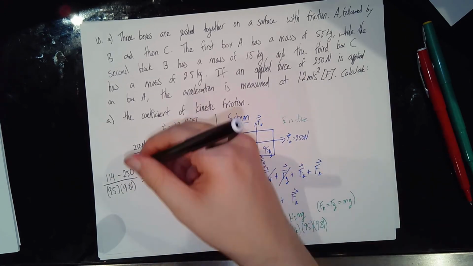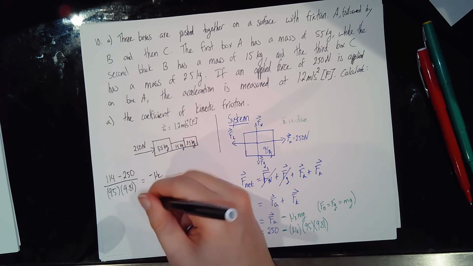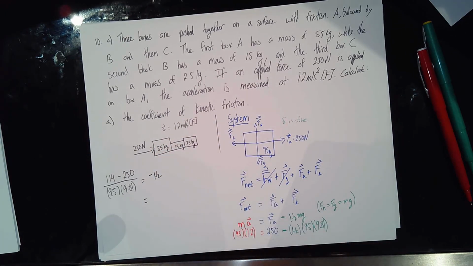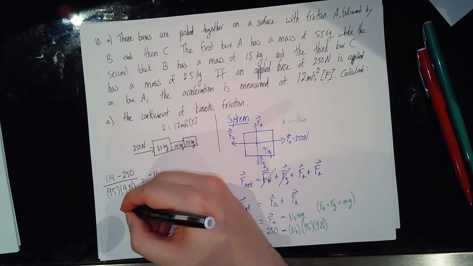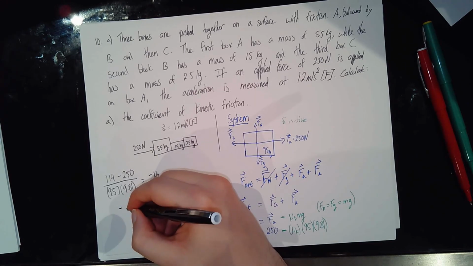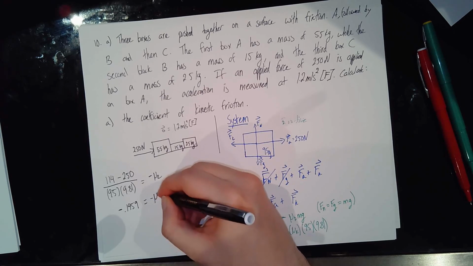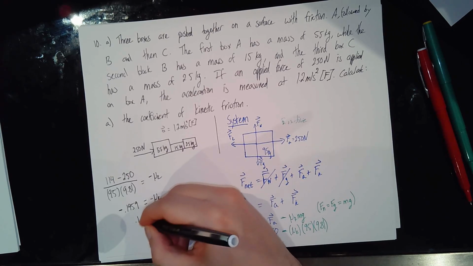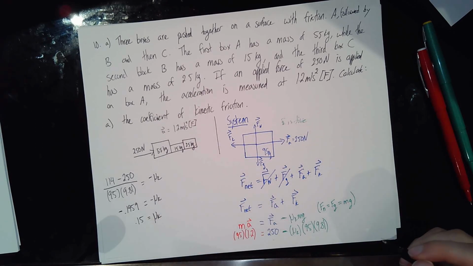And that's going to be equal to our negative mu k. So we put this into our calculator, and we get that our negative mu k is going to be equal to negative 0.1459. And so that just means our mu k is going to be equal to 0.15 without any units.